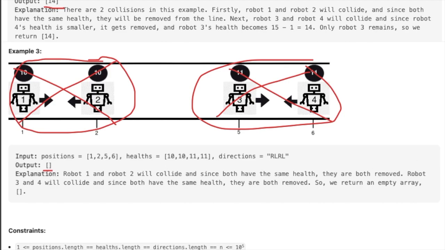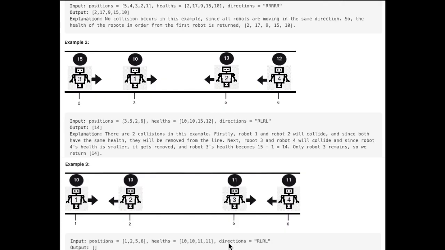So that's pretty much all for the problem statement, and let's think about how we can solve it. Let's try to think about all the robots not in the order they are given, because it is kind of meaningless to just look at the given order since it doesn't tell us much.